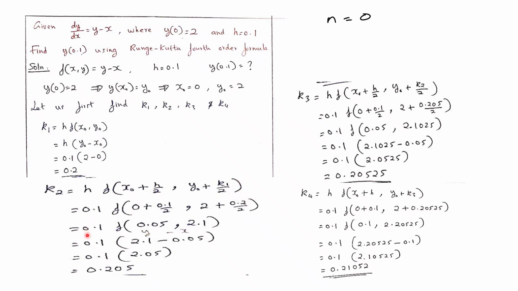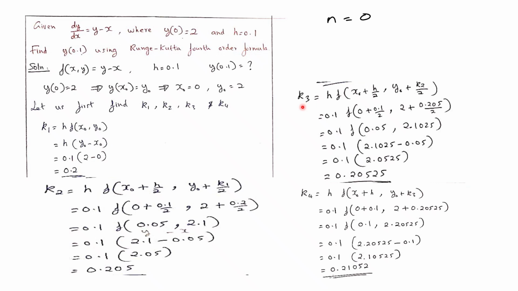Simplifying, you get 0.1 into f(0.05, 2.1). Given the function y minus x, this is like y and this is x, so 2.1 minus 0.05 gives 2.05. When you multiply by 0.1, you get 0.205. So we have obtained k2.